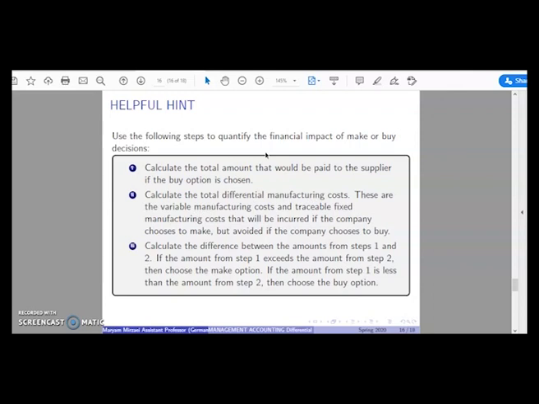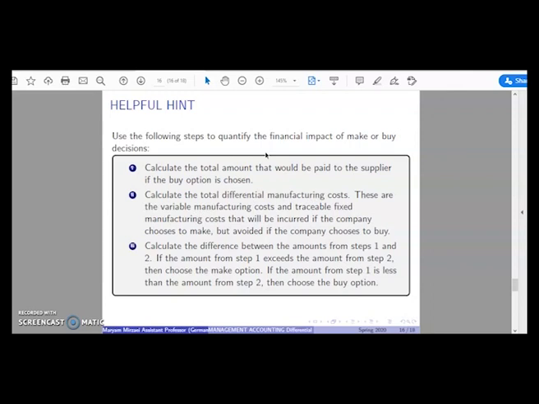These are the variable manufacturing costs and traceable fixed manufacturing costs that will be incurred if the company chooses to make, but avoided if the company chooses to buy. So we have different types of cost in terms of relevant cost for either buying or making the product.